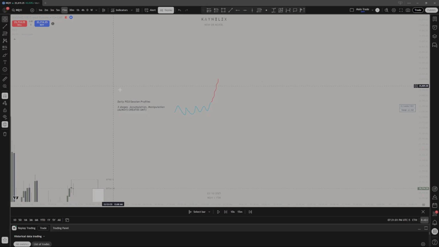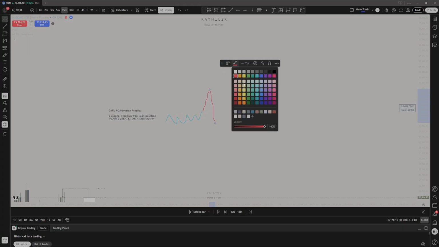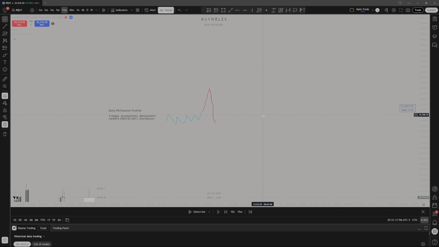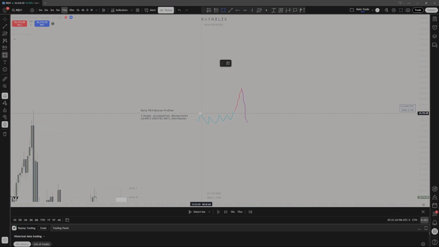And then we have distribution. So now we have our accumulation, manipulation, and distribution.